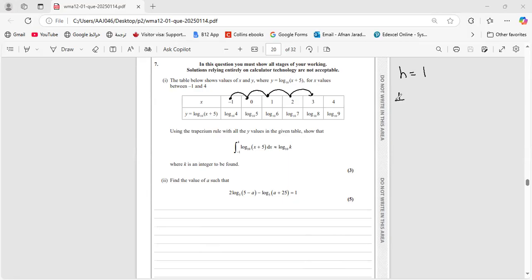The trapezium rule is half multiplied by h multiplied by the first y plus the last y, plus 2 multiplied by the sum of the y's in between.